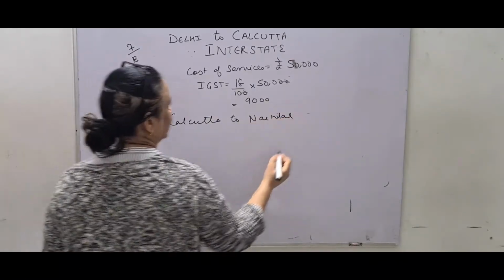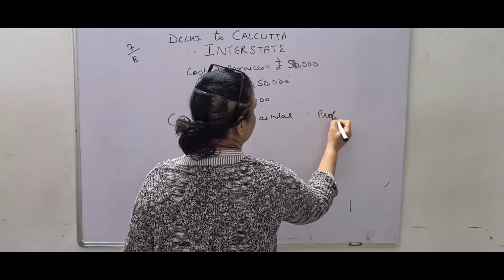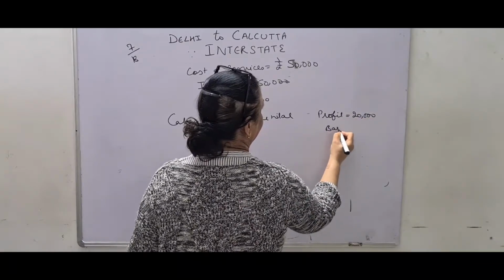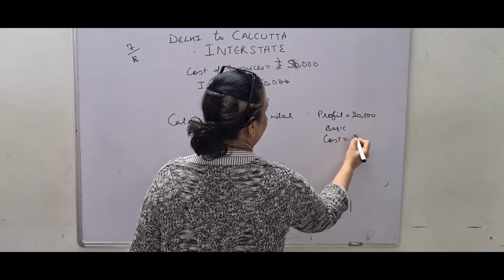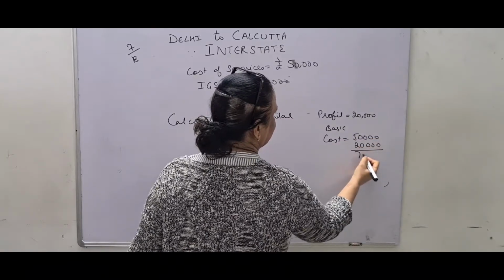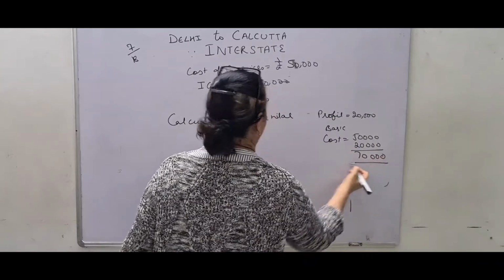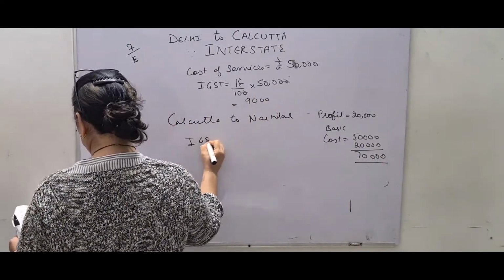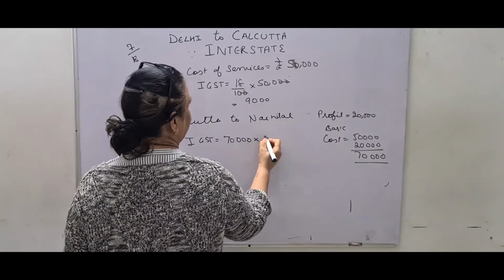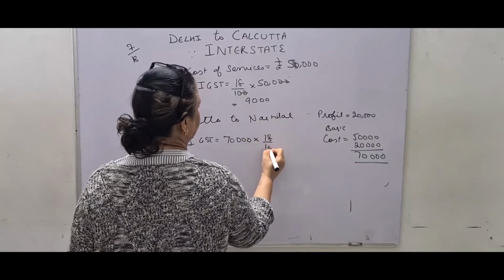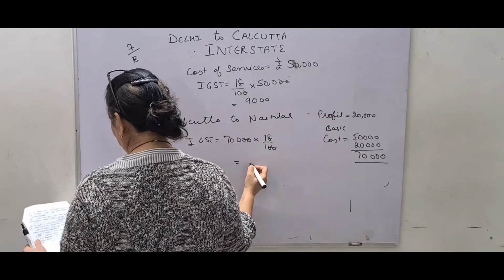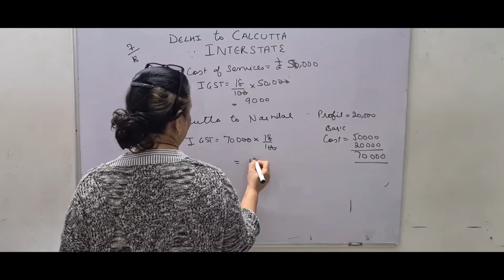But now the profit is 20,000. So basic cost will be 50,000 plus 20,000, that is 70,000. So the IGST again will be 18% of 70,000, because again it is interstate. Calculate it. This will be 12,600.